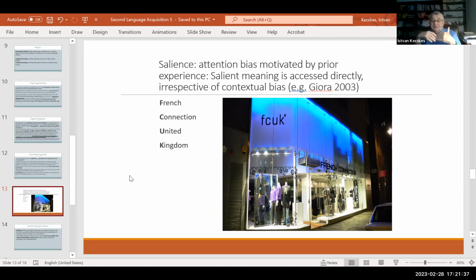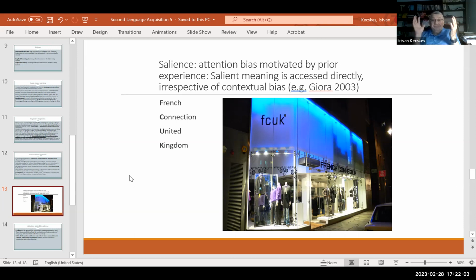You have prior experience in everything, so what happened to you before a particular moment will affect how you process what happens in that moment, no matter what it is, language or some phenomenon or picture or whatever. You subconsciously, automatically relate your prior experience to what you see and what you hear.